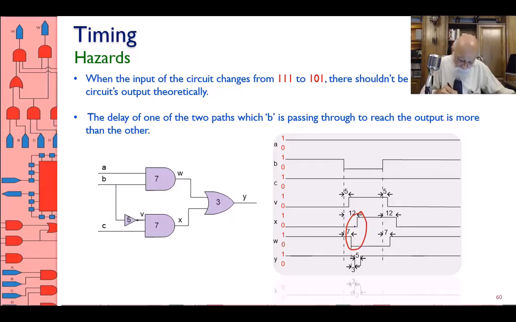For this period of time, both inputs of the output are 0, but then here, for the same exact amount of time, which is 5 nanoseconds, both of them are 1. Okay, the first case is a hazard. The second case, no, it's even a reinforcement of the output of the OR gate.